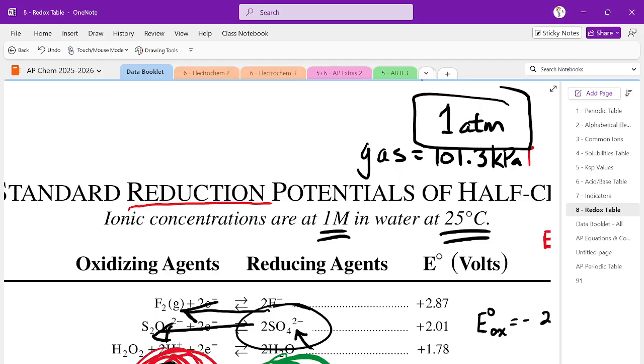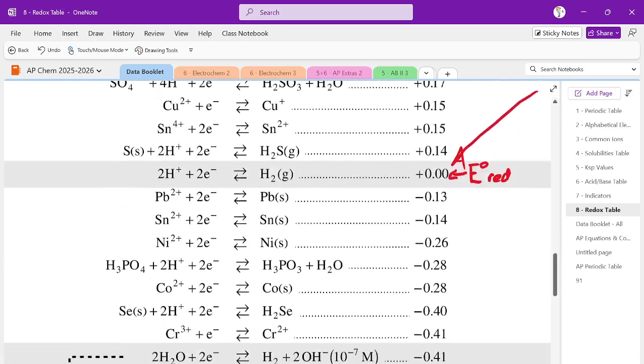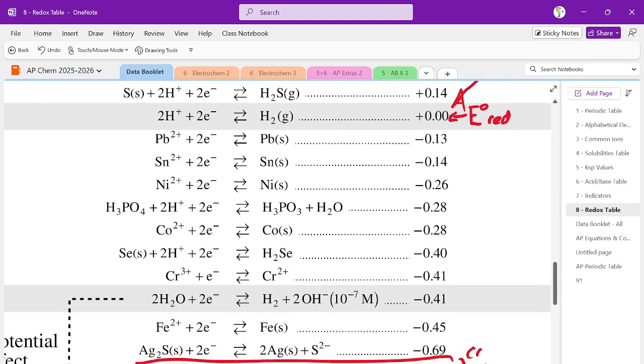Oh, ho, ho, ho. Now, let's just take a quick look here. Let's say we had, I don't know, let's just do lead and zinc because they're really close to one another, okay?